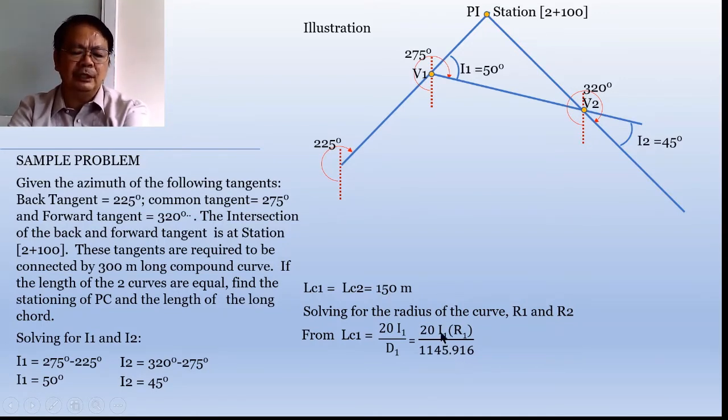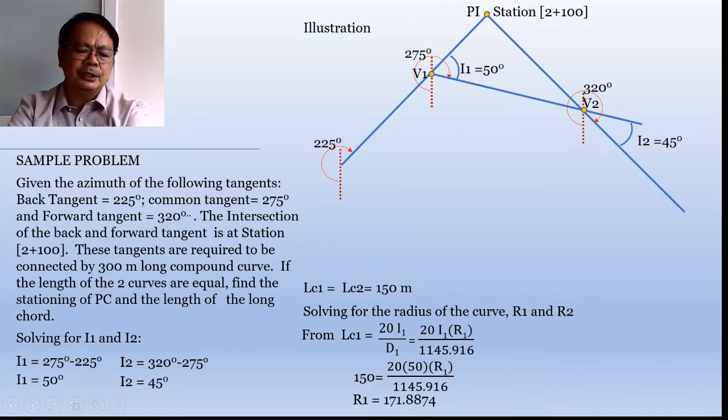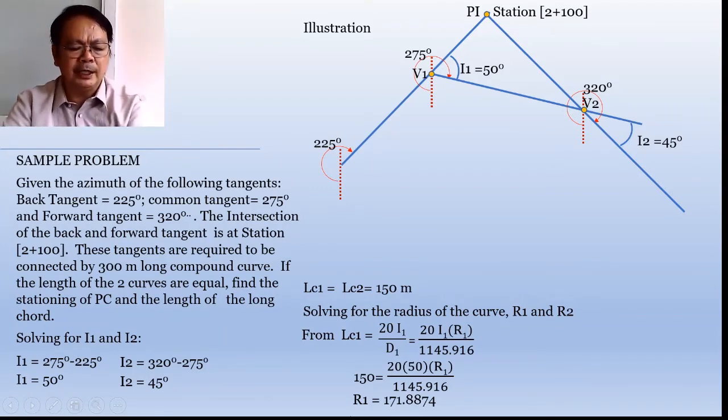Now, substituting the value of the length and the I, we can solve for the radius. So that 150 shall be equal to 20 times 50 times R divided by 1145.916. Therefore, R can now be solved as 171.8874.